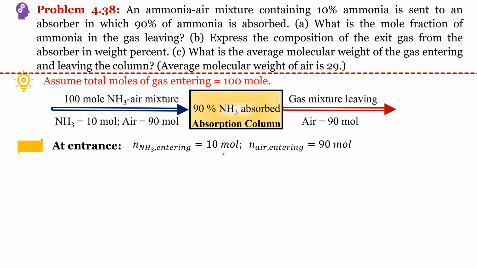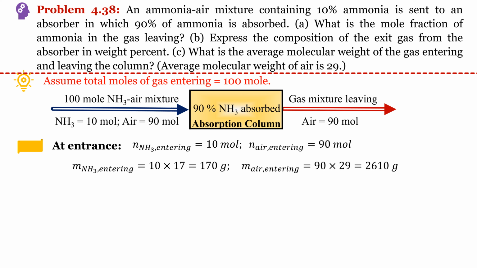We can find out their respective weight. So mass of NH3 entering will be equal to moles of NH3 entering into its molecular weight. In the same way, mass of air can be estimated. Now we can write total mass of gas mixture entering equal to weight of NH3 plus weight of air. So it will be equal to 2780 gram.